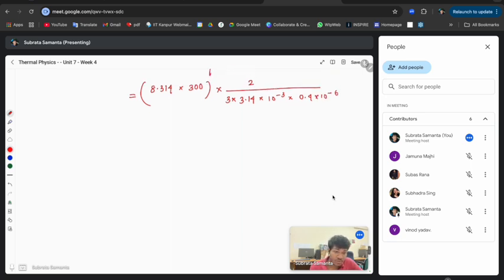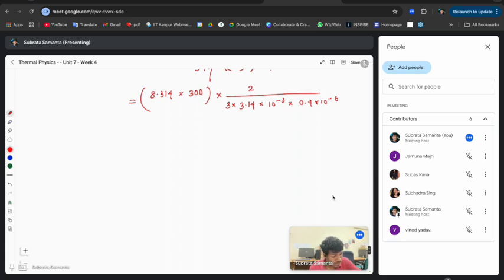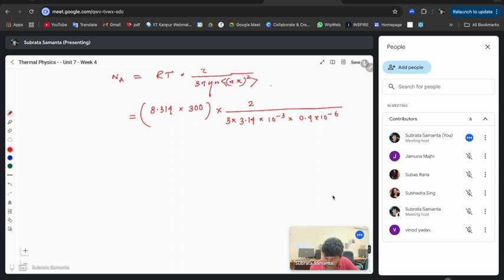So be careful with units. Times delta x square, which is 1.78 times 10 to the power minus 12. So all in the denominator, and it gives 7.4 times 10 to the power 23 per mole, right?